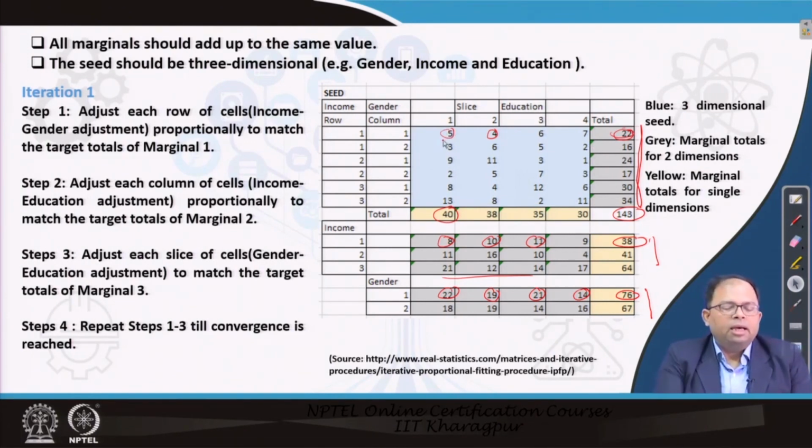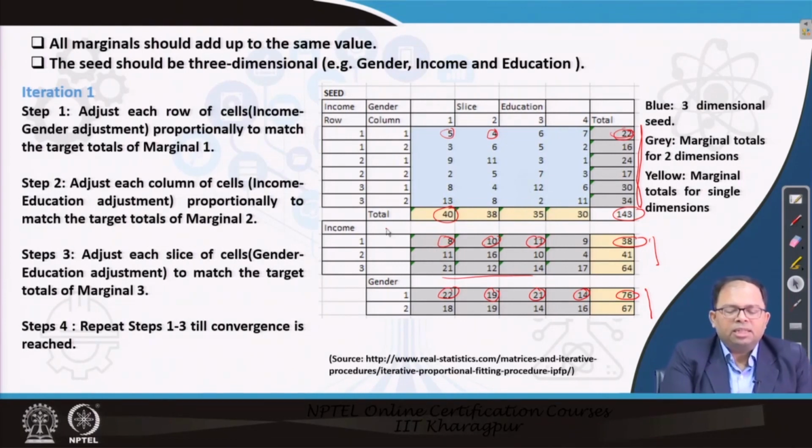Similarly, in the next step, adjust each column of cells proportionately to match the target totals of marginal 2. Using these marginals, we adjust the data again, and this could be called the income education adjustment.